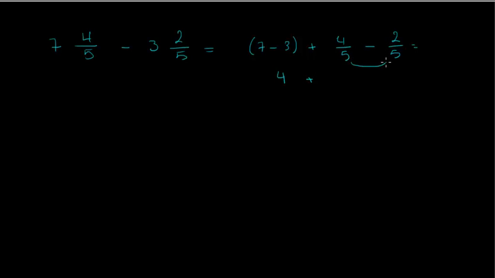Because they have the same denominator, we keep the denominator and subtract the numerators. So the result will be 4 and 2/5.